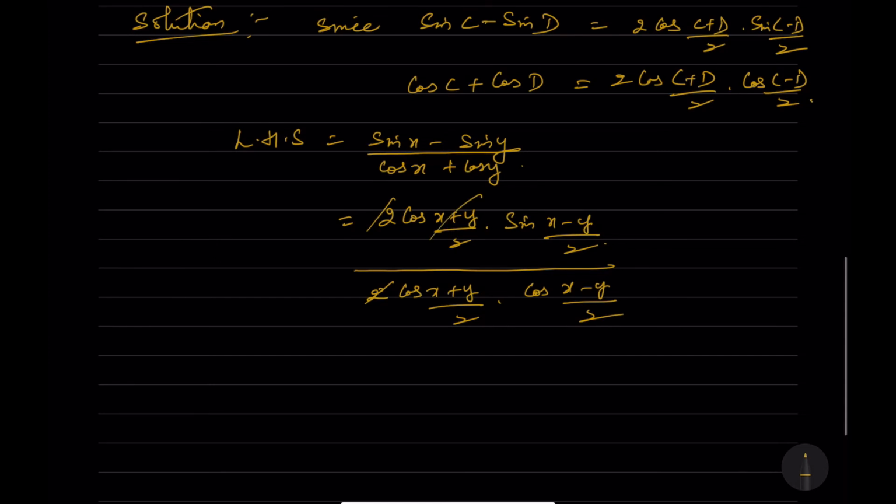So here the 2 will get cancelled, this will get cancelled, so you are getting tan((x - y)/2), which is equal to RHS.